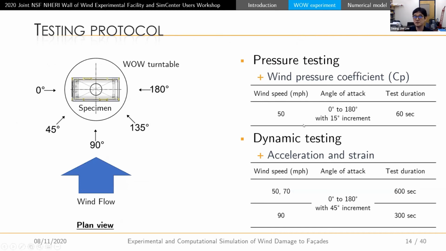Cp was measured for a wind speed of 50 miles per hour, tested for 60 seconds, and the acceleration and strains were measured up to 90 miles per hour wind speed for a longer test duration, because we wanted to better observe the dynamic responses of this curtain wall system.